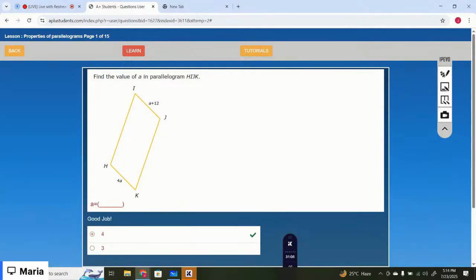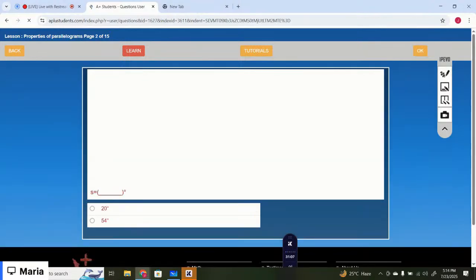A equals 4. Find the value of S in rhombus UVWX.